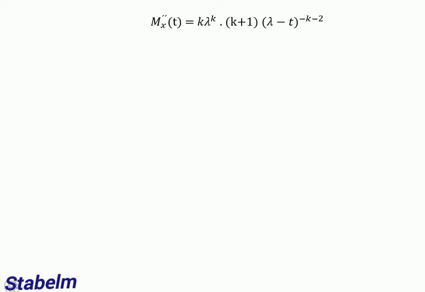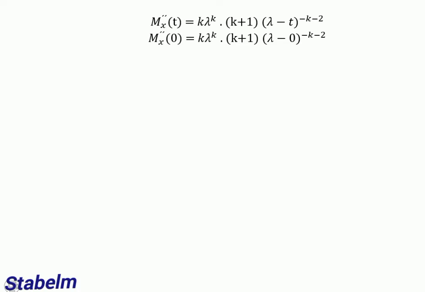Now since we've simplified this further, what we need to do now is to set our t here to be equal to 0. So it means anywhere we see t in this function, we are going to set it as 0. So going further, we have M double prime x of 0 equals k lambda raised to power k multiplied by k plus 1 into bracket lambda minus 0 raised to power minus k minus 2.